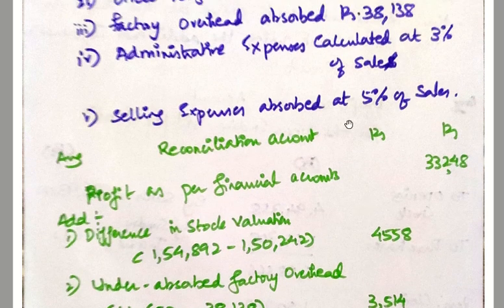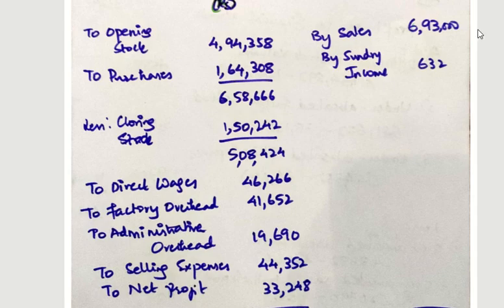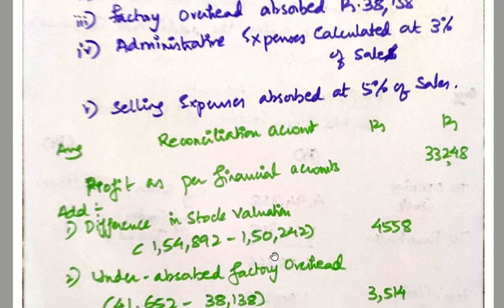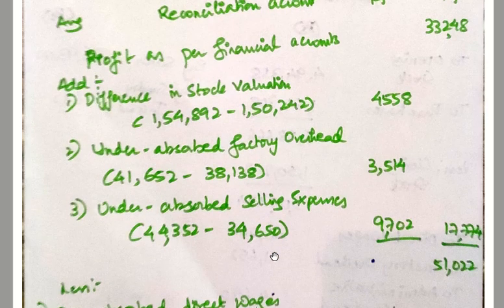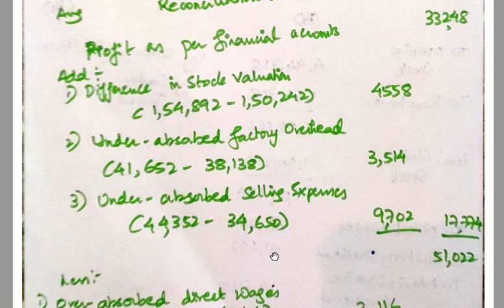So next, last expense, selling expenses absorbed at 5% of sales. So 5% of 6,93,000 is 34,650. So 34,650 is as per cost account. So as per financial account, it is 44,352. So basically your financial account is shown at an excess than the cost account, meaning to tell it is undervalued at your cost account.